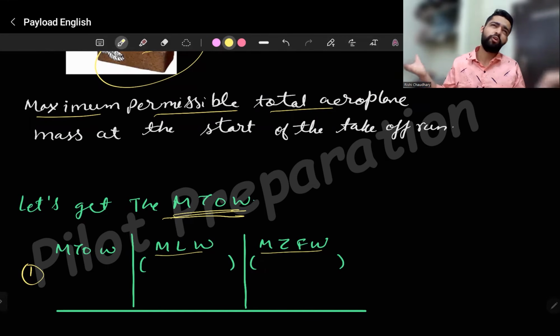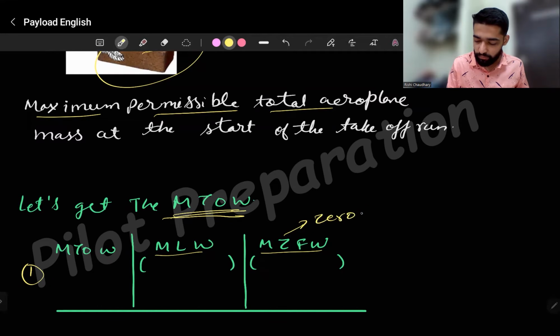Now, what is MLW and MZFW? I told you MZFW is nothing but maximum zero fuel mass. And what is MLW? This is nothing but maximum landing weight.